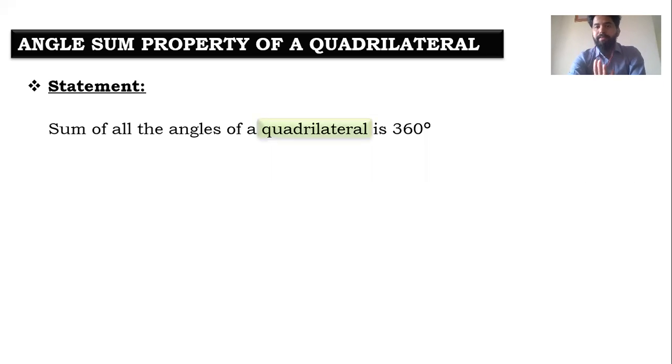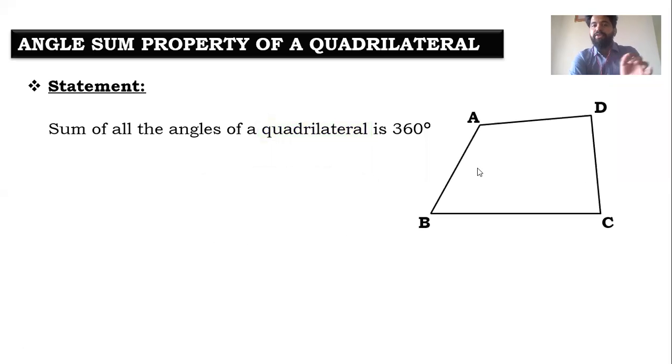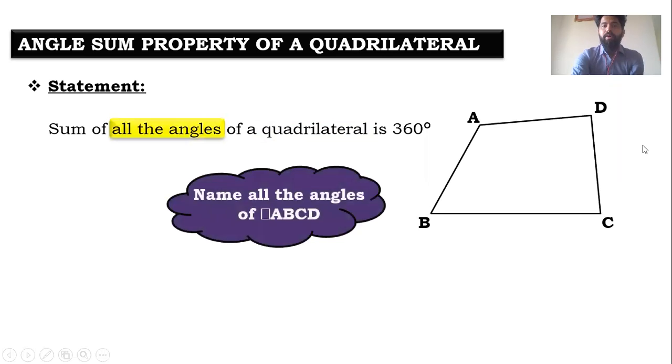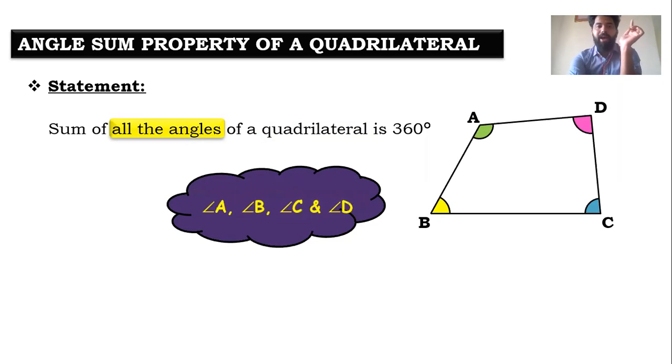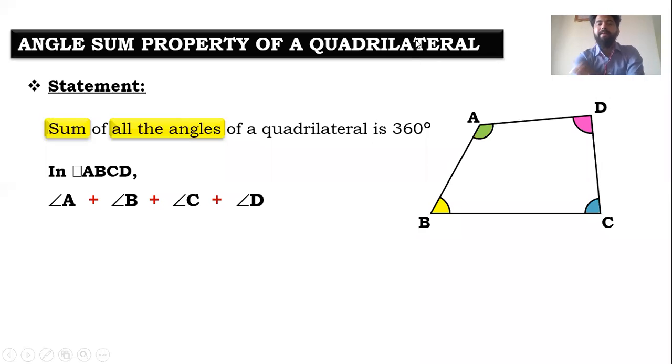So that means you make a quadrilateral, let's say A, B, C, D. Angle sum property means if you add all the four angles, that is angle A, B, C and D, sum means addition, your answer is 360 degrees.